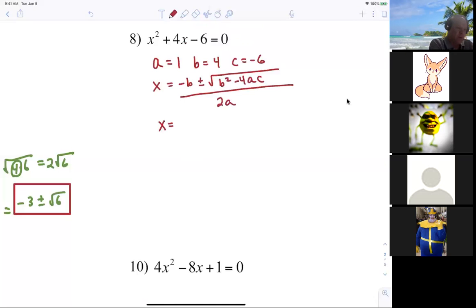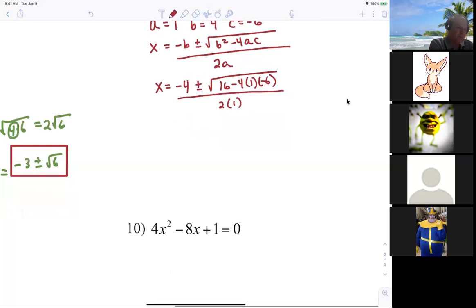So x is equal to negative 4 plus or minus 4 squared is 16 minus 4 times 1 times negative 6 all over 2 times 1. So x is equal to negative 4 plus or minus the square root. So this would be 24. 24 plus 16 is 40 all over 2.